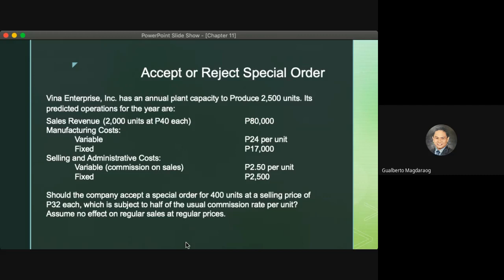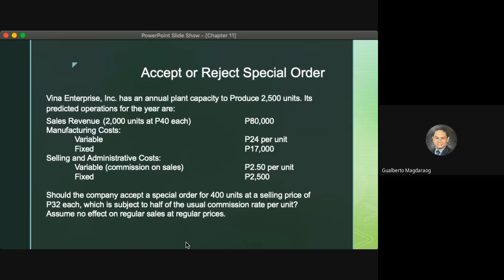Or alternatively, you can do it in a total project approach. You compute for the original number of units sold, that is 2,000 units. So meron kang 80,000 income doon. And then you add yung magiging revenue mo for the additional order, 12,800.